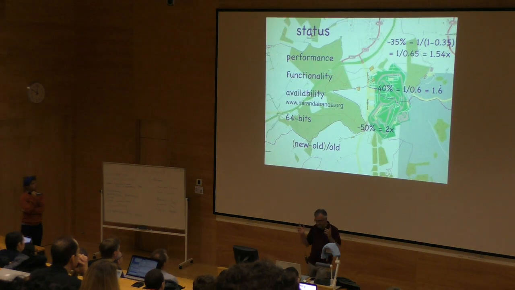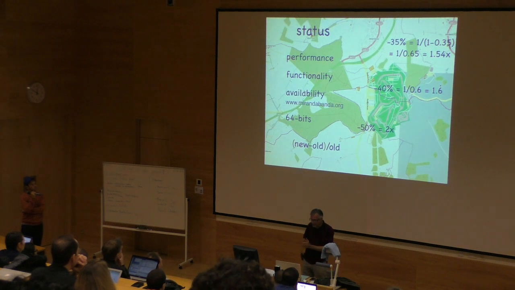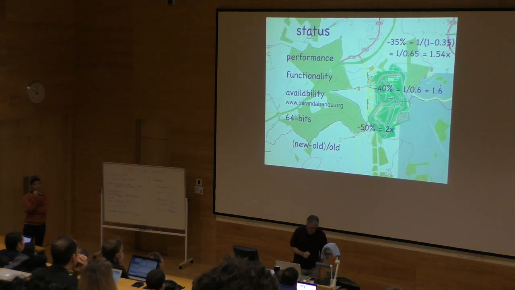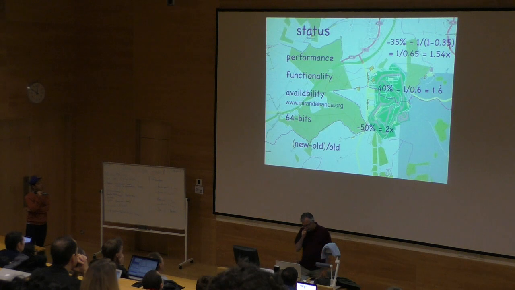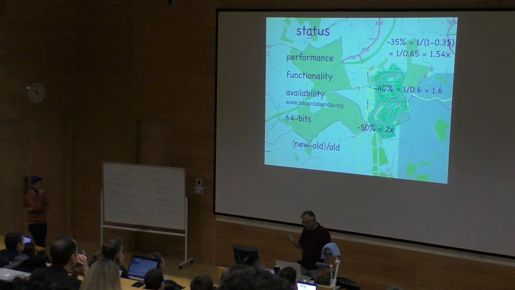Okay, so status. Performance, as they say, is all over the map. I initially claimed that this would make benchmarks 40% faster, and then I backpedaled a bit, but people are having good effects, 50% speedup.